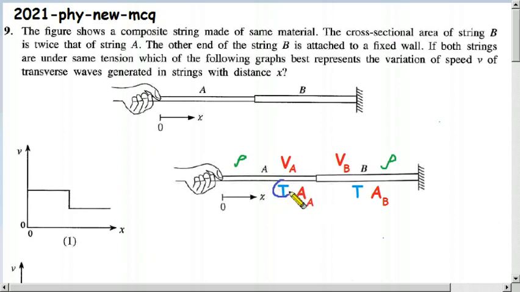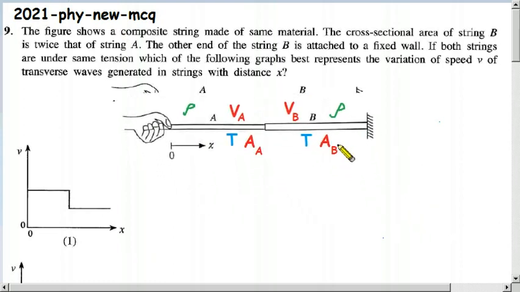The tension is equal, because they have mentioned that, so the tension is capital T in both. The density we take as rho, because it is the same material, so we don't have to write rho 1, rho 2. Since these strings are made of the same material, the density here is rho, and the density here also is rho. So let us use these symbols.